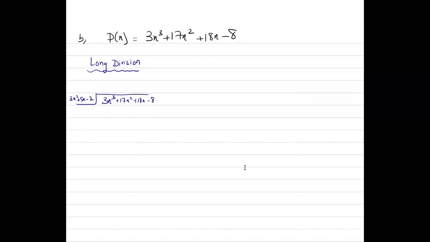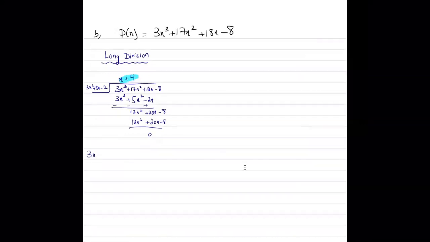You are going to get the linear factor now. Are you getting x plus 4?